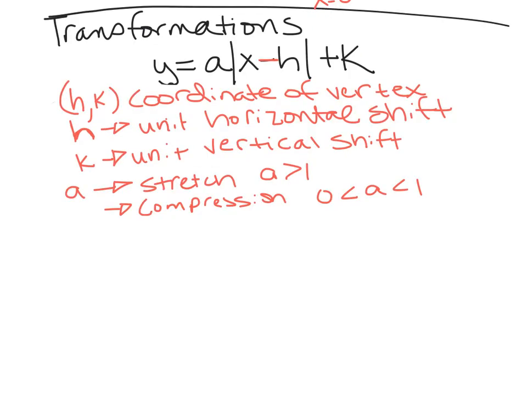And when we're talking about the A, we're really worrying about its actual absolute value. It's a little bit confusing when you're talking about absolute value of A in terms of the absolute value equation, but we're really just talking about, is it 2, is it 0.5, is it 1.5, without worrying about its sign. But when A is negative, it is a reflection.